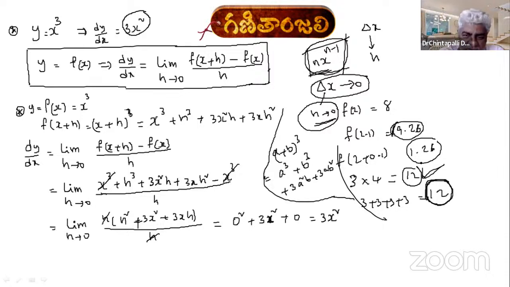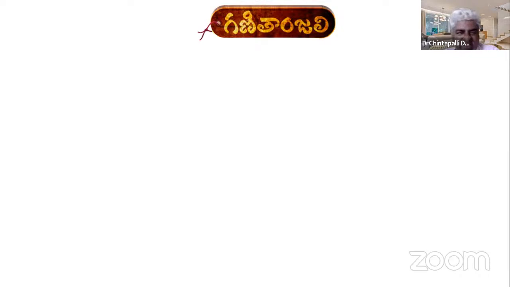Now we are finding the derivative of x square from first principle.